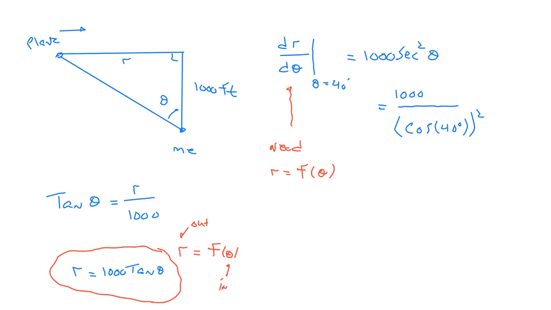I take cosine of 40 degrees, I square that, and then I divide 1,000 by that number, and then I get 1704.08. And that number is a lengthy decimal and it has to be rounded.